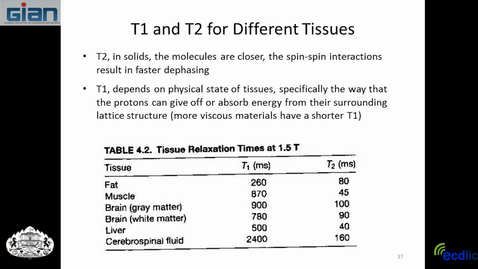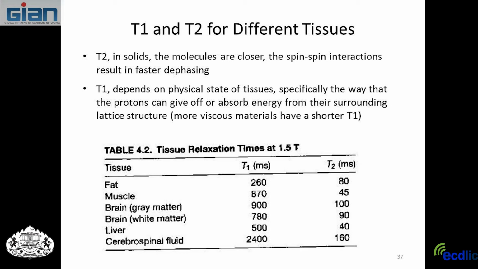T1 depends on the physical state of the tissues as well. The protons can give off or absorb energy from their surrounding lattice. So T1 has a faster decay in tissues that are more viscous, so tissues that have more loose atoms basically have a faster T1.